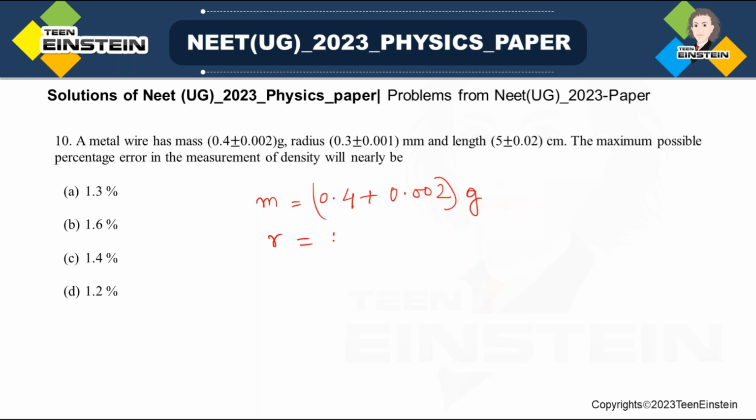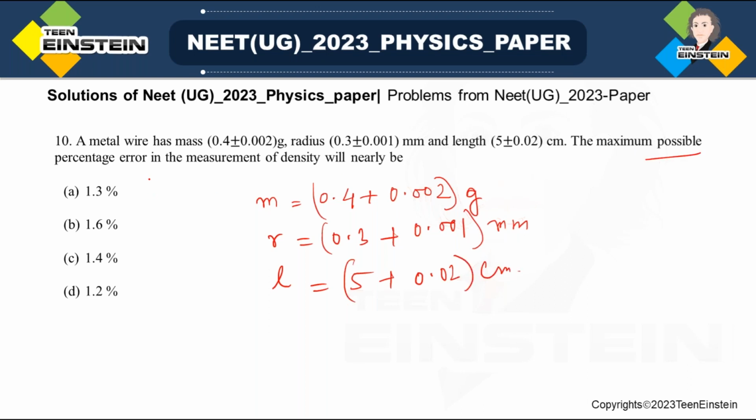Radius small r is equal to 0.3 plus or minus 0.001 millimeter, and length is 5 plus or minus 0.02 centimeter. So the maximum possible percentage error in the measurement of density will be 1.3 percent, 1.6 percent, 1.4 percent, or 1.2 percent. You have to find out which among these options is correct.